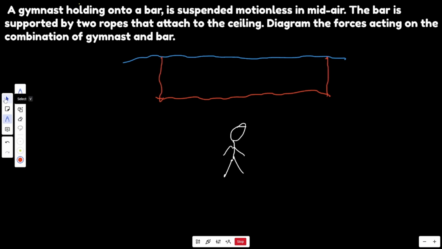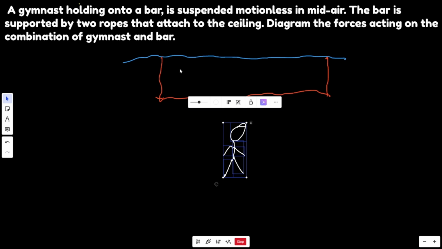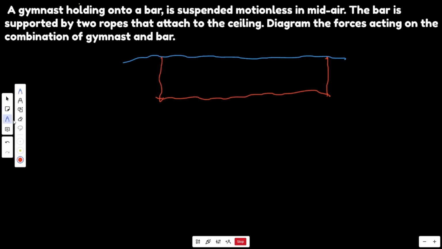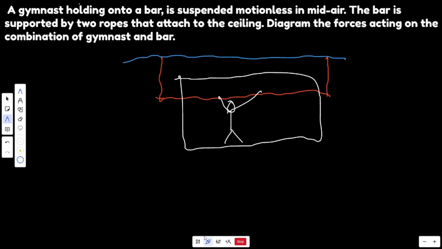Now, if the person is hanging onto the bar, that means they're part of essentially this system. So their hands are here. I'm not very good at drawing, but you guys get the idea. So we have to make a free body diagram of this entire system. And seeing as I've just made that rectangle, I think you guys can see where we're going with this.